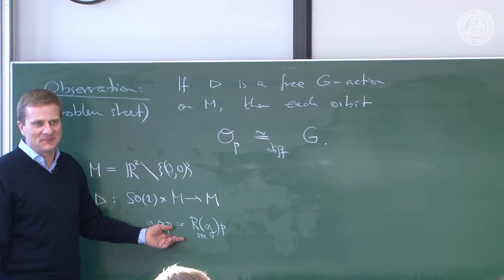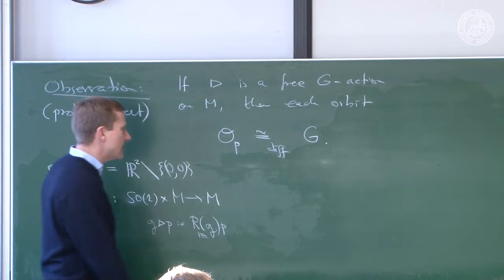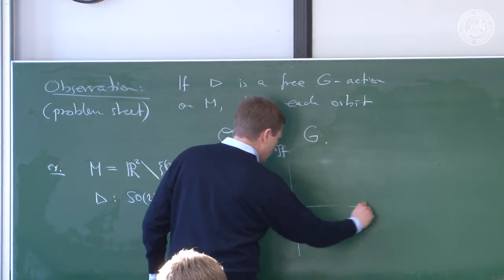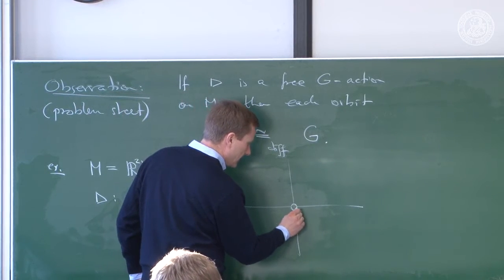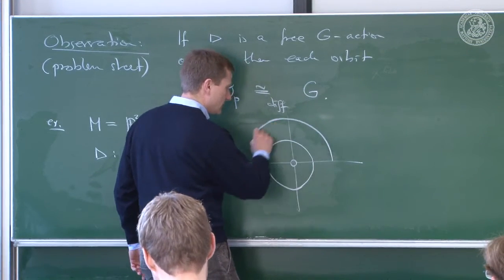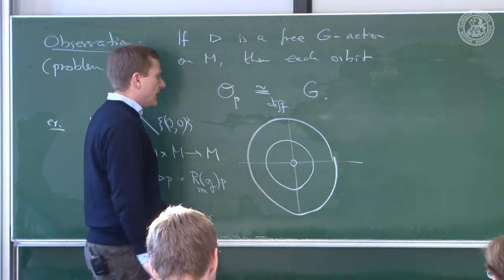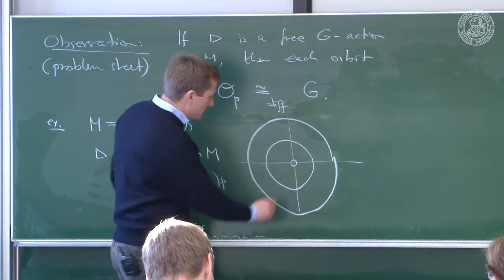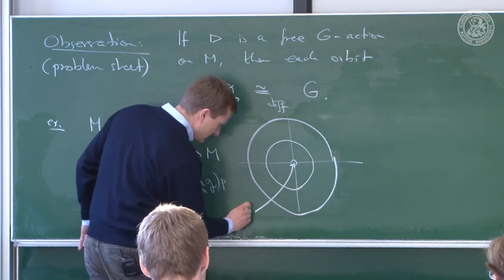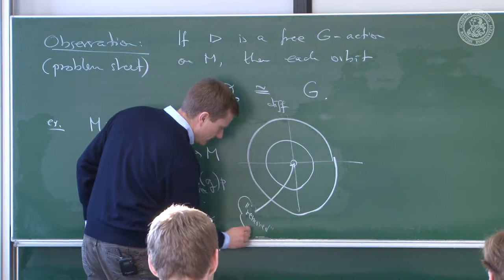It's a very trivial modification of a linear representation, but nevertheless, now I took out the origin and everything else remains the same, but that means that the orbits are like this. These are the various orbits, and I should indicate it's not a circle, this means the origin has been removed.